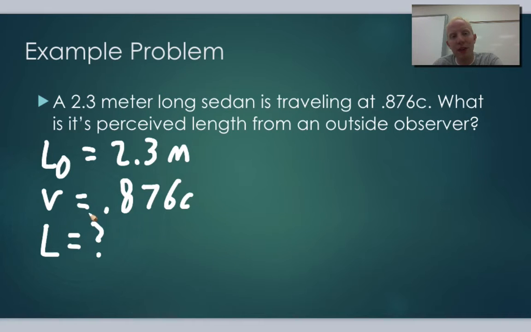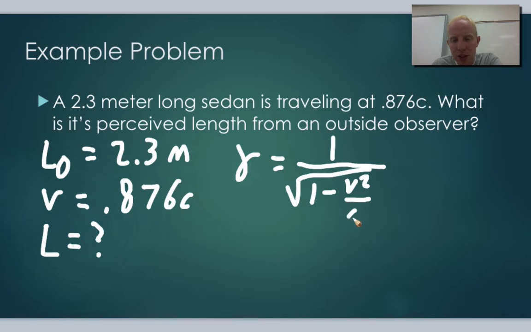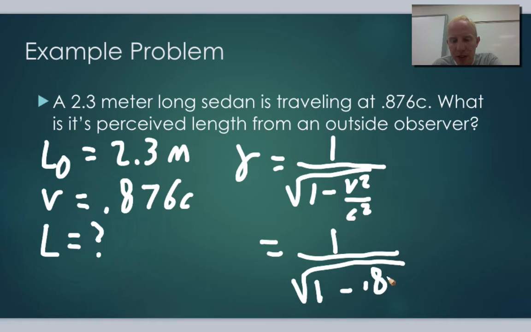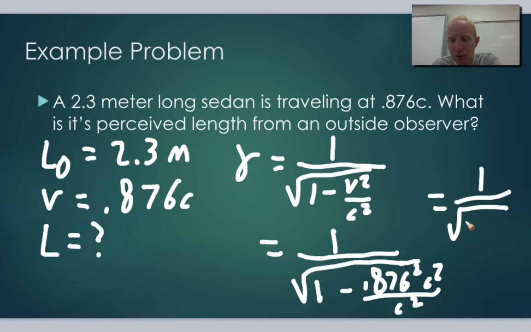So just like before with time dilation, first let's find out what the Lorentz factor is going to be. Okay. So gamma equals 1 over the square root of 1 minus v squared over c squared. We'll plug in v. So we get 1 over the square root of 1 minus 0.876 squared c squared over c squared. Again, the c's cancel out, which leaves us with 1 over the square root of 1 minus 0.876 squared.